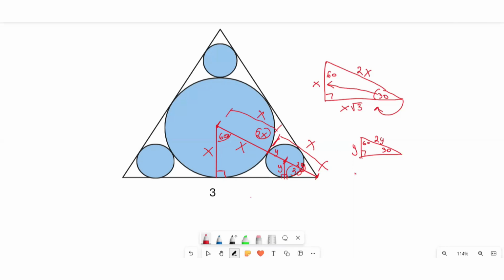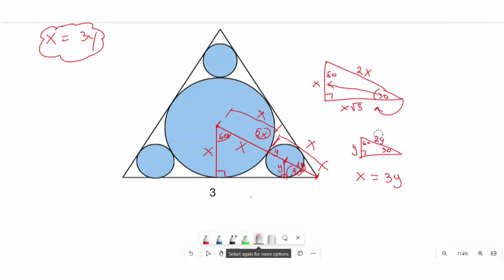The relationship here is that x, the larger circle radius, is 3 times y, the radius of the smaller circle. So x is equal to 3y. This is the relationship that I need. Let's put it up here: x is equal to 3y. We're going to use this soon. Let's keep this there.